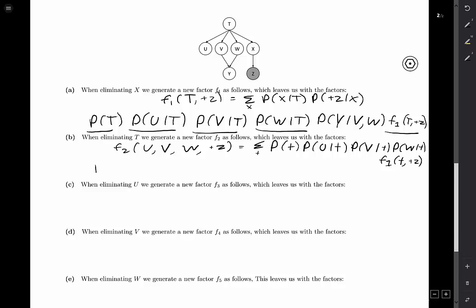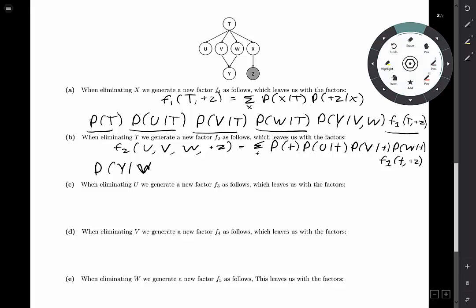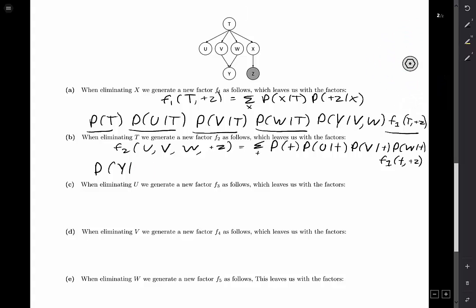I have probability of y given v comma w, and this new factor f2. So notice that my old factors are actually gone because we joined them. So now we only have f2.